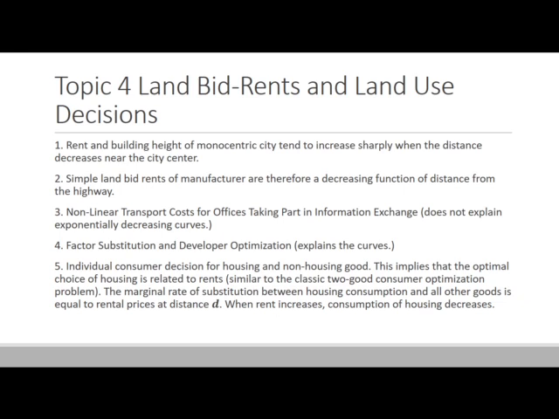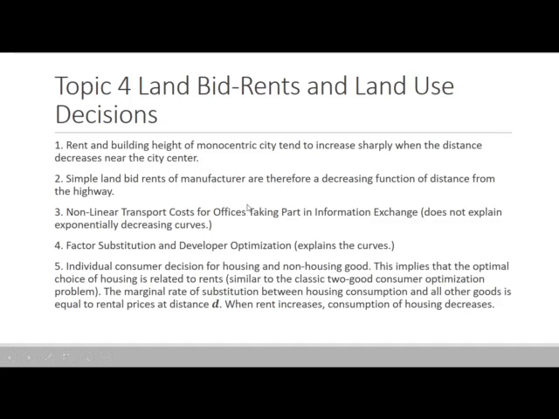Because both goods are normal goods to people and both are subject to diminishing marginal utility, a higher marginal utility of housing actually implies that when people choose optimally, they should choose a smaller amount of consumption of housing, which means that in the city center, they tend to live in smaller places. So that will be the knowledge point for topic 4.